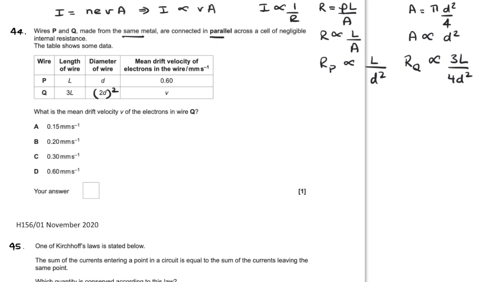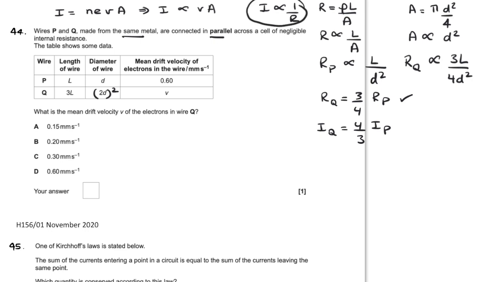If we compare the two resistances, the resistance of Q is 3/4 of the resistance in P. We can quite clearly see that using these two equations, so we've established our first relationship. Similarly, if I is inversely proportional, then I_Q is going to be 4/3 of I_P, because you flip it as it's inversely proportional.